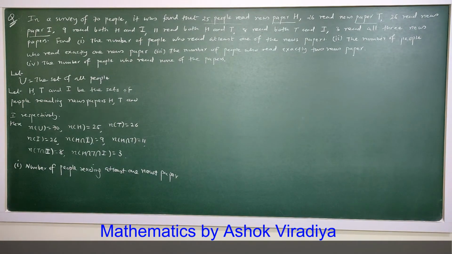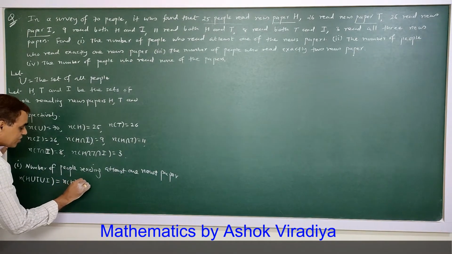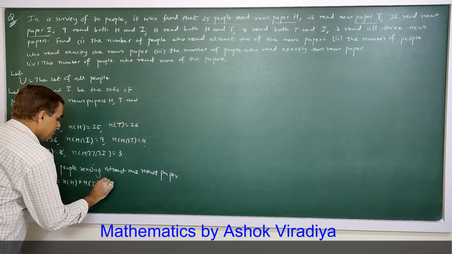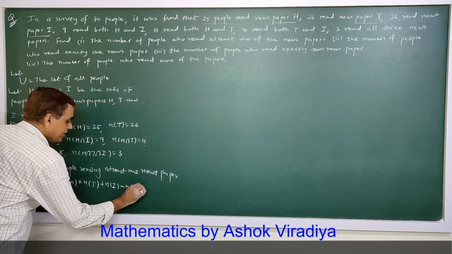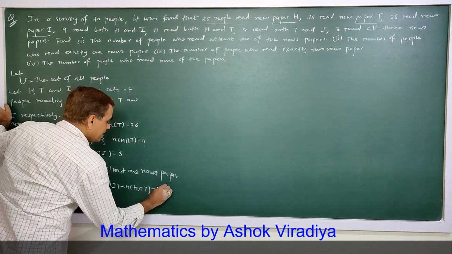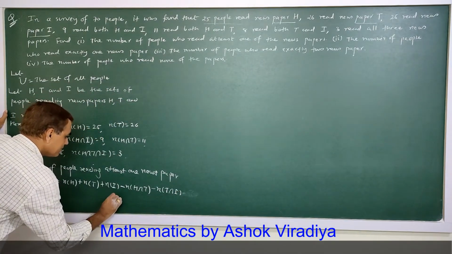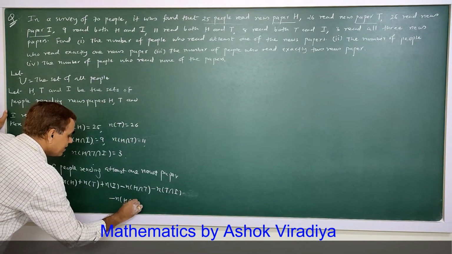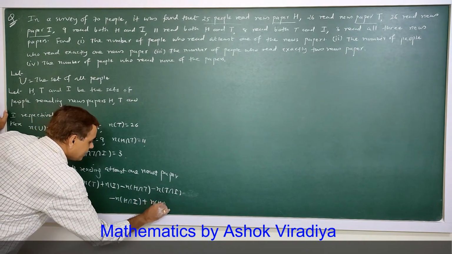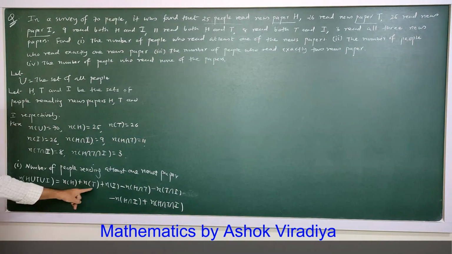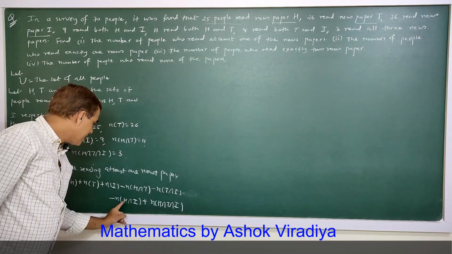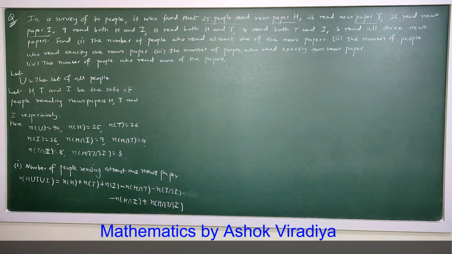Number of people reading at least one newspaper, that means number of elements in union, H union T union I, and the result is number of elements in H, number of elements in T, number of elements in I, then minus H intersection T, then T intersection I, then H intersection I, plus H intersection T intersection I.